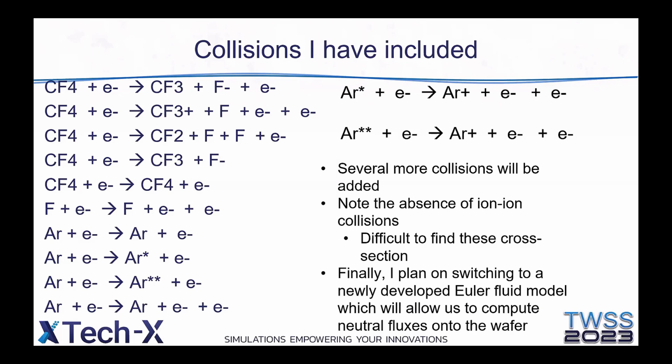This is a simple fluid model which just keeps track of the fluid density, but the Euler model will keep track of the energy, the temperature, and also the flux of the fluid. And without too much addition in the speed of your run times, you can switch over to an Euler fluid model.